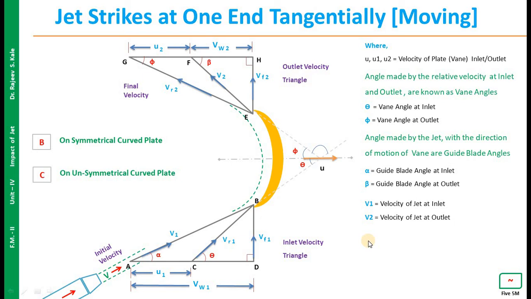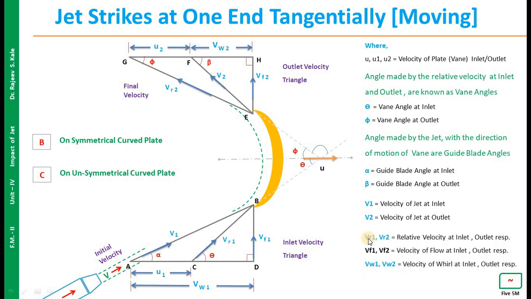So we just discussed the velocity of jet at inlet. After gliding over the surface, the jet exits with a velocity of V2. So obviously V2 is less than V1. Then relative velocity components VR1 and VR2, velocity of flow VF1 and VF2. So you can understand it is perpendicular to one end of the curve plate.